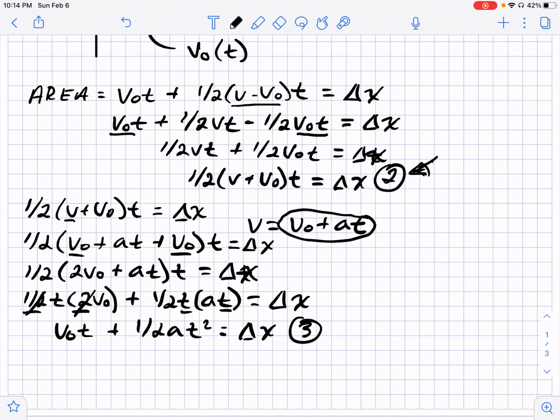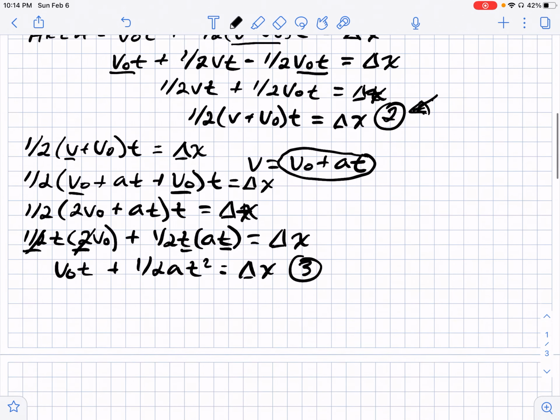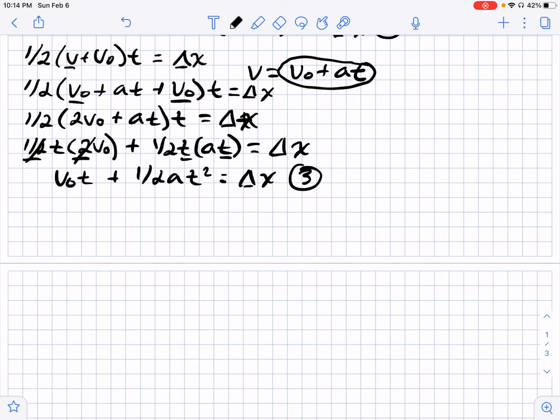And for your last one, it comes from, again, something you've already been doing this year, and that was with our work and energy unit. So thinking back of that last unit, we know that work is equal to change in energy. And we know work is equal to that parallel force times distance.